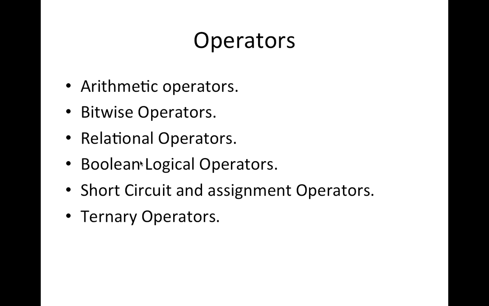If the first condition itself is true, it need not execute the right hand side of OR. OR means either or, like either the first one or the second one is true, right? If the first one is true, it need not execute the second one. Whereas with AND, if the first one itself is false, then it need not execute the right hand side, right? So that's the implementation in short circuits. We will see the implementation, but I just want to give a heads up.